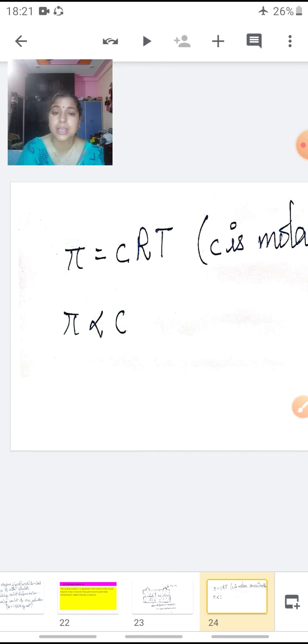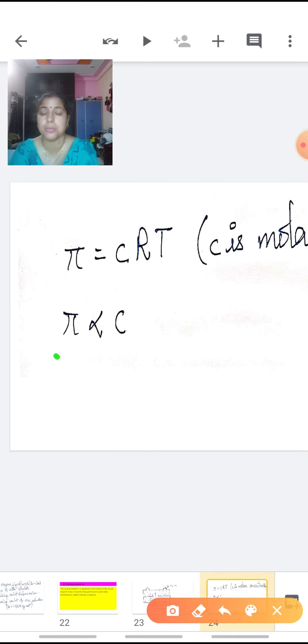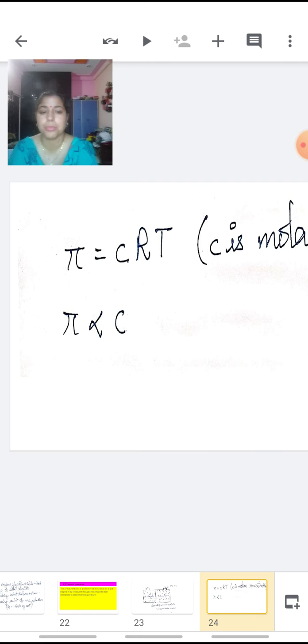So, you can also say pi is equal to M into R into T. As R and T, you all know, are the gas constant and temperature, they both are constant. That means pi is proportional to C. As it is proportional to concentration, it is a colligative property.